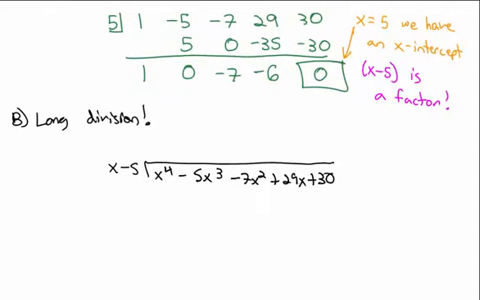So if we divide it out, x goes into the x to the 4th, x cubed times, we'll say 1x cubed times. Multiplying 1x cubed times x minus 5, we get x to the 4th minus 5x cubed.